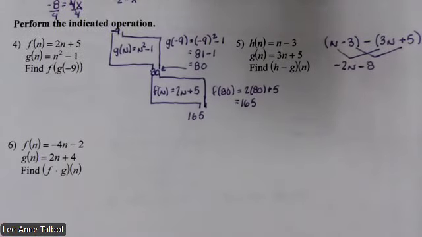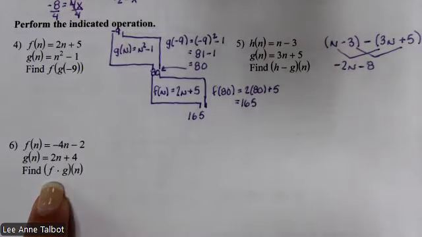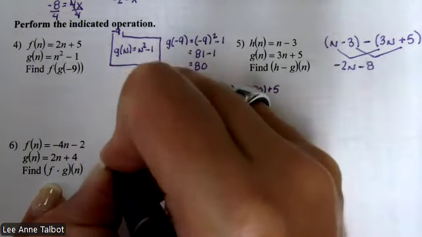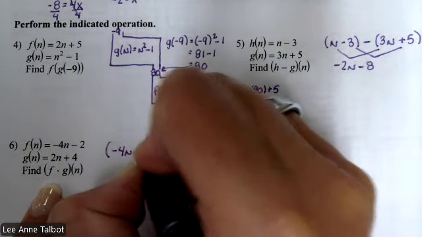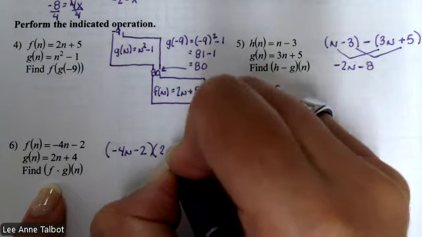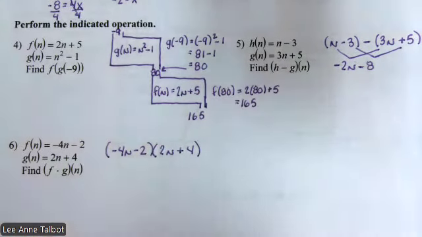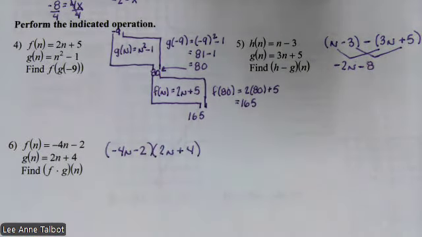All right, and then the last one in this section, this one says f times g. And that's just a box problem.